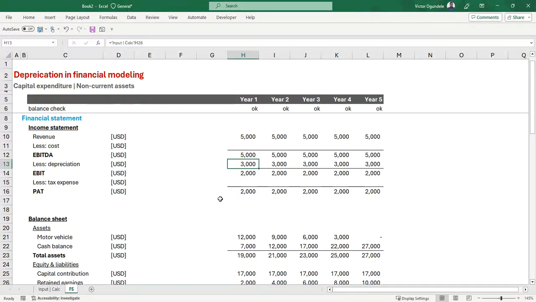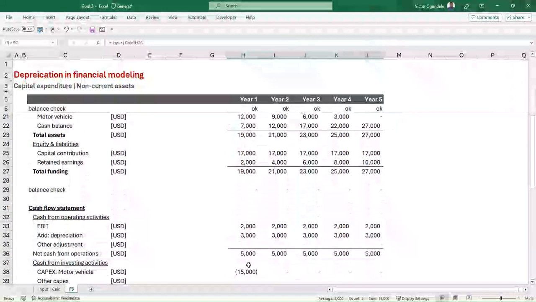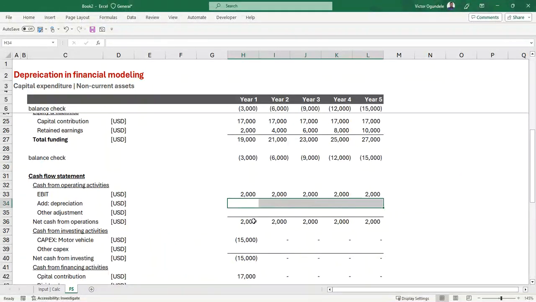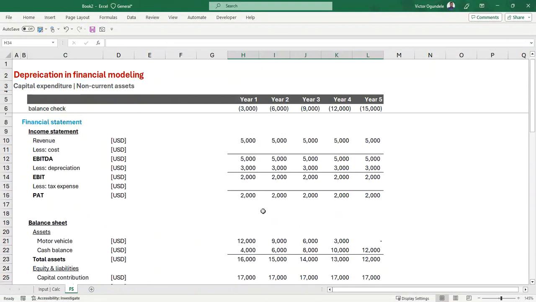Right? Now, remember, we are saying we've spent this money already in year one. We spent it already in year one. So let me delete this guy. We spent it already in year one. Now look at what happened. So in my cash flow now, with this expense, we've already paid for it in year one.